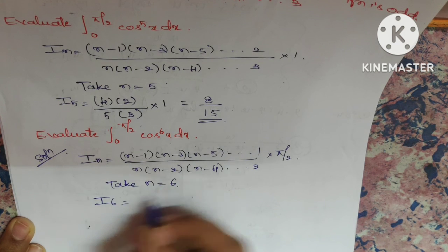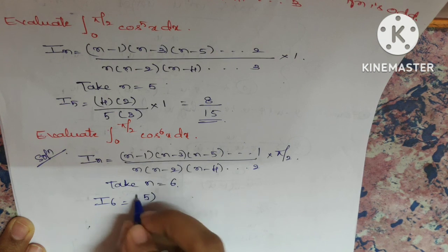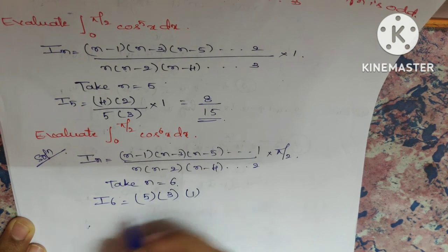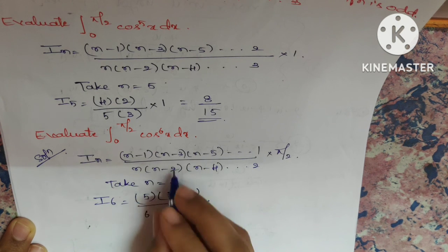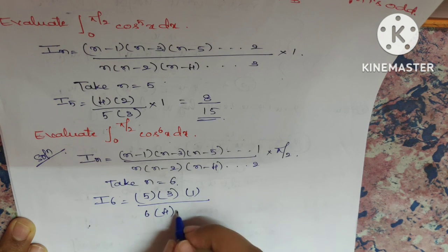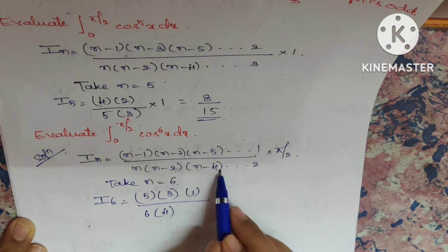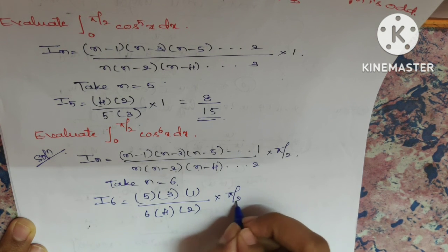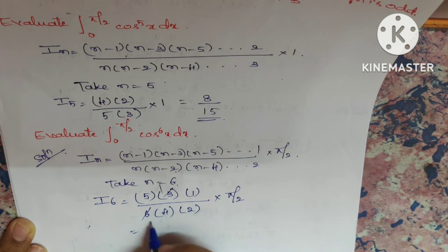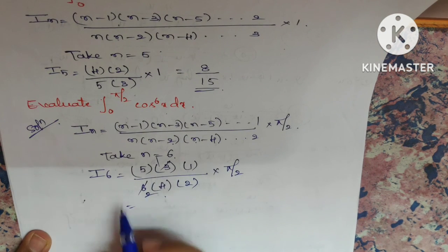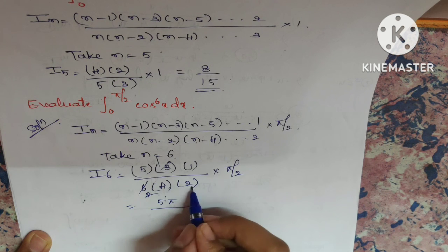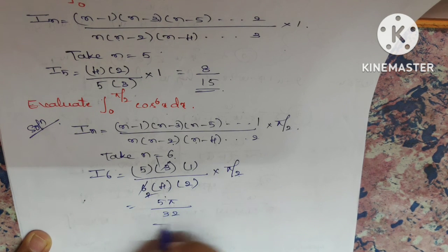So I₆ equals (6−1)=5, (6−3)=3, (6−5)=1, divided by 6 times (6−2)=4 and (6−4)=2, times π/2. 3 ones are 3, and 3 twos are 6, so this will get cancelled. 5 times π is 5π/2 times 4, 8, 8 sixteens are 16, 16 twos are 32.